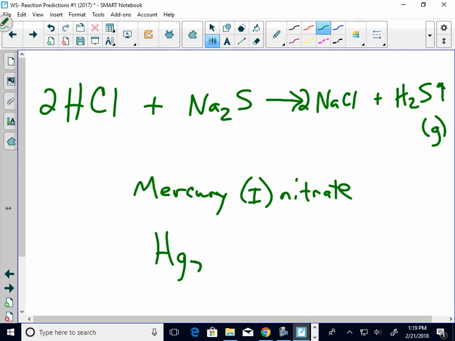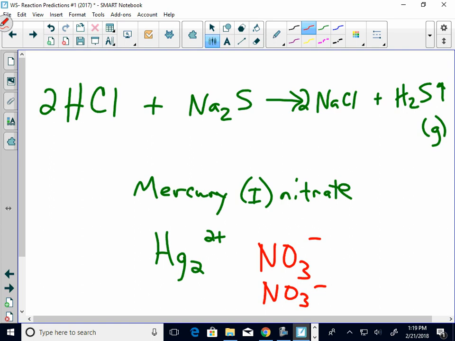Mercury 1 is that right there. Hg2 2 plus. I told you, it's an exception. You have to memorize it. So, in order to have this charge equal a net charge of 0, I need 2 nitrates, correct?